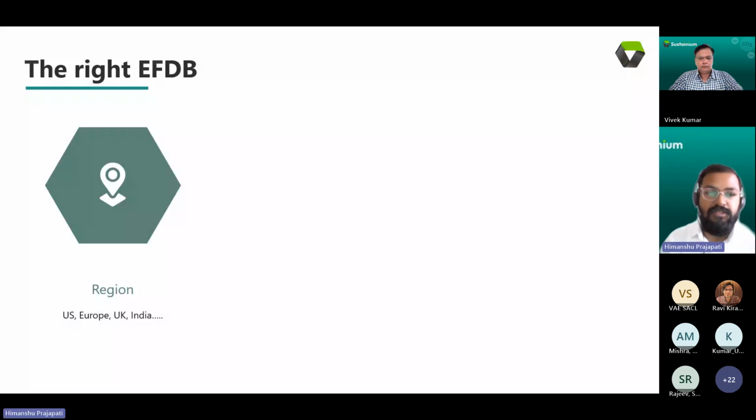Whichever is most applicable to you. For example, somebody would want to use IPCC because that is very detailed and mostly recognized across the world. So based on the region and based on your preferences, you might choose a database. Again, once you use a particular database, the consistency has to be there.